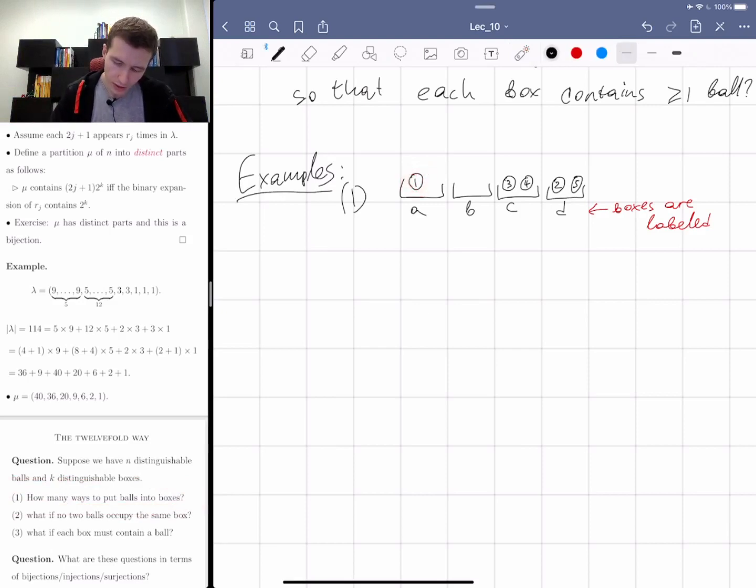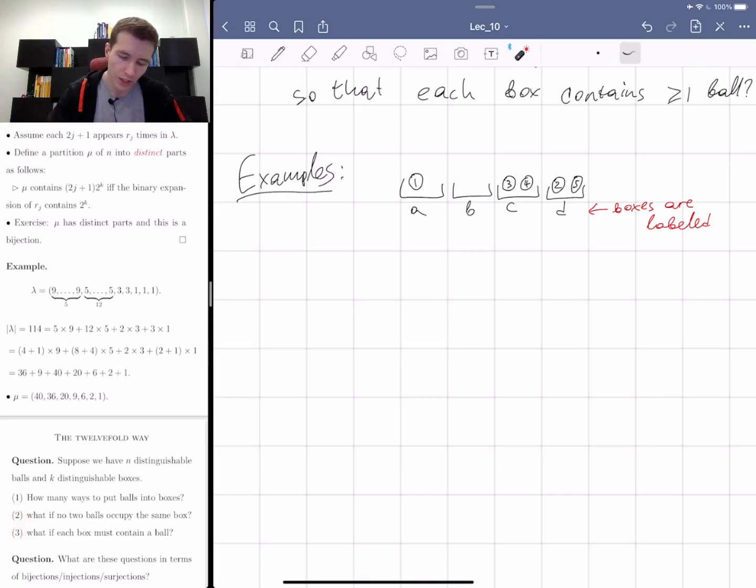Of course, you can do the same if you put at least 1 ball in each box, or you put at most 1 ball in each box, and you get examples for the second and third questions.